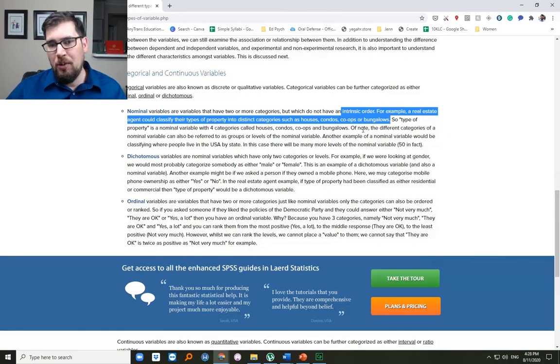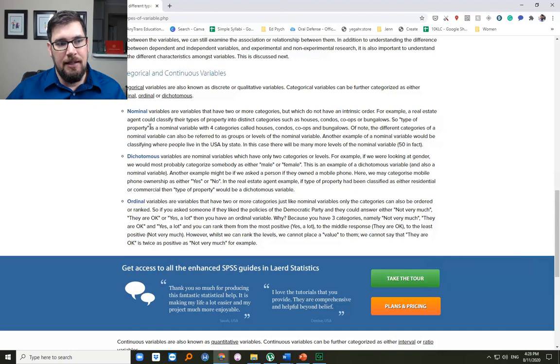But the type of property is not essentially meant to say, well, I'm going to call this a house because it's best. You're calling it a house because of the features, because of the characteristics of the property. It has 4 categories: houses, condos, co-ops, and bungalows.